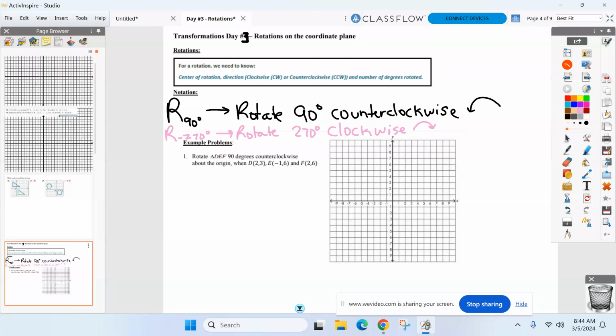All right, we've got to move, so here we go. Go ahead and graph triangle DEF. I'll give you a minute to do that, and then we're going to do our first rotation.